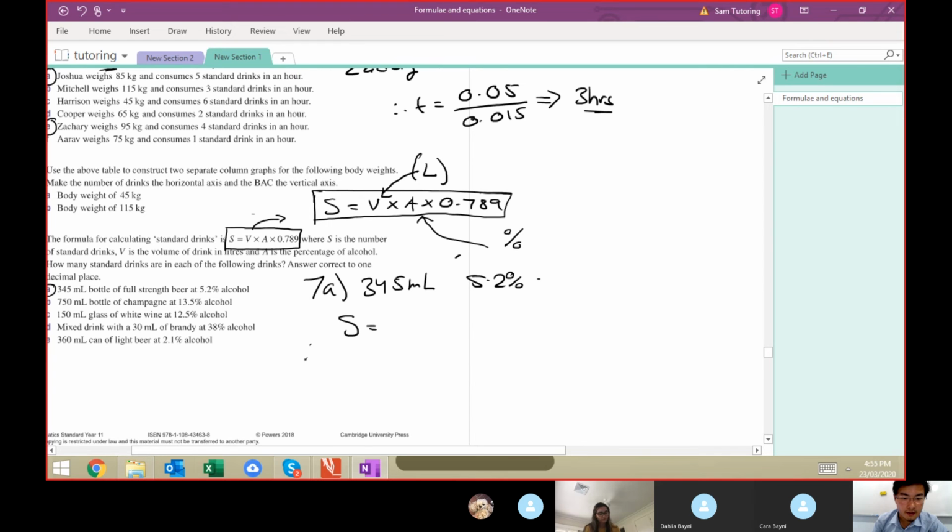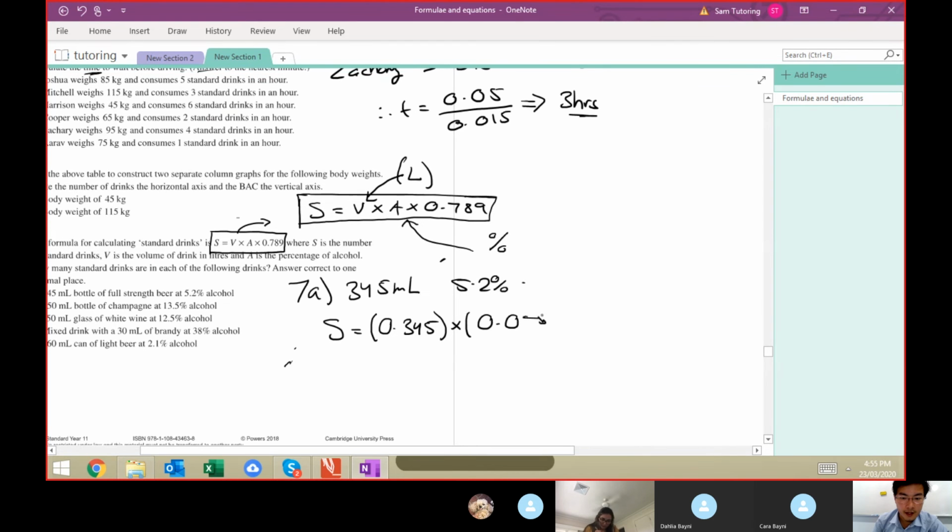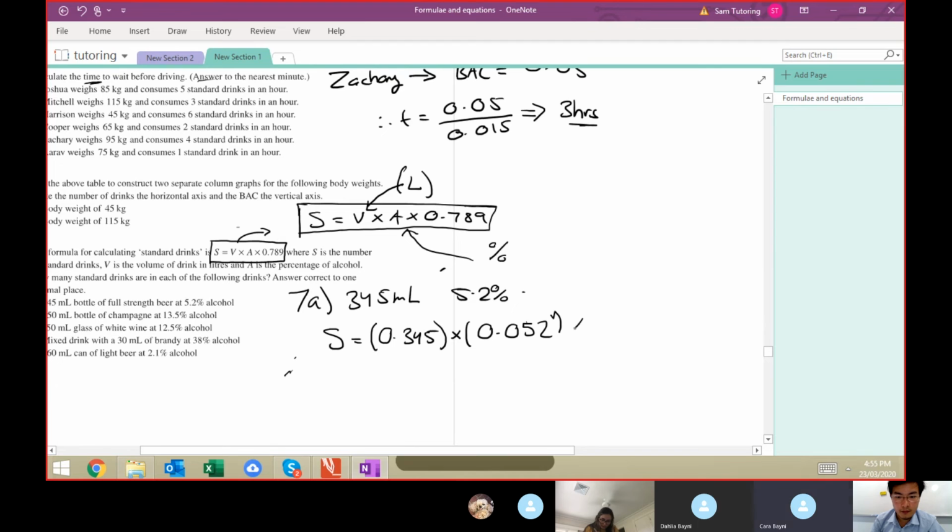So to calculate S, where's my mouse? It would be 0.345 multiplied by 0.052 multiplied by 0.789. What is that?